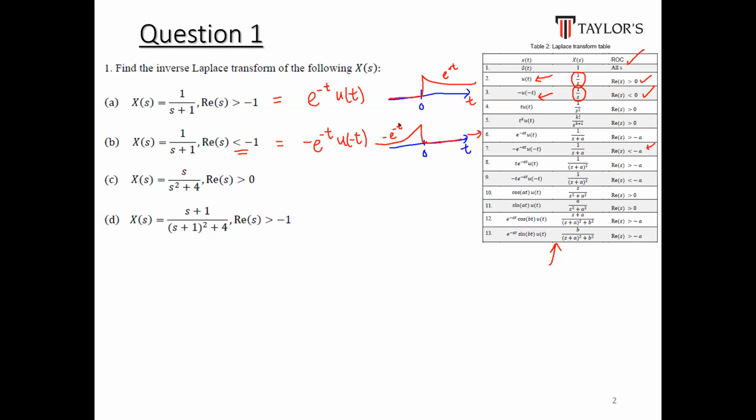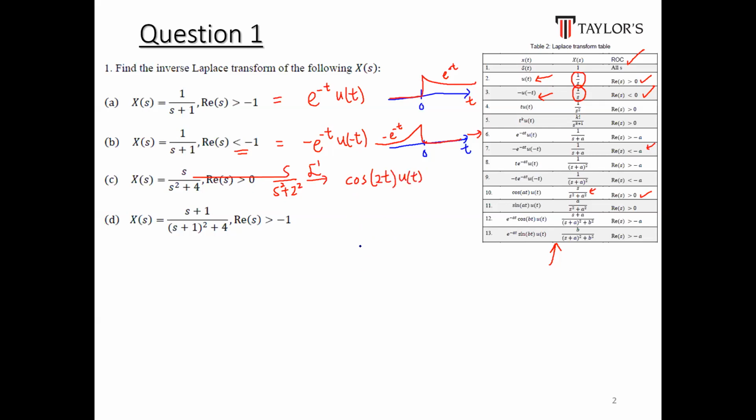Then now you look at question C. Question C, s over s squared plus 4. Then you found this one. Okay, real part greater than 0 is correct as well. And then we know that this is s over s squared plus 2 squared. So if you do the inverse of it, you get cosine of 2t and then u(t).